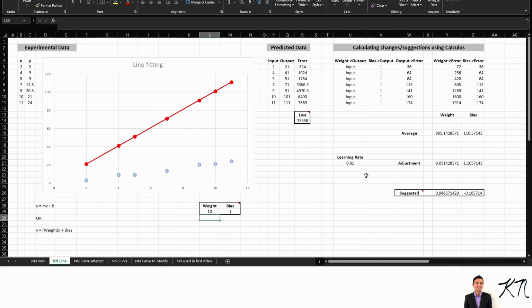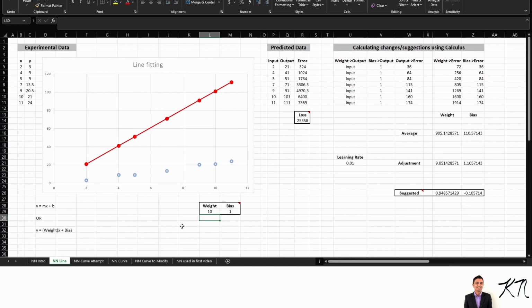So let's forget about the math of this. This is the math that we'll get into, but let's take a bigger picture step here and look at what this math helps us do. Now what we have is a model with 2 degrees of freedom. We have a calculated loss, which shows how bad my model is. And then we have a suggestion: how do I make my model better?